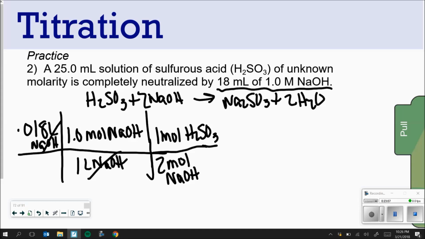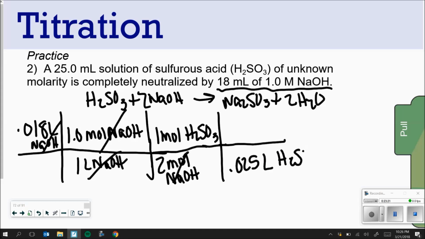Now I can divide by my liters in order to get my molarity, and that's going to be 0.025 liters of sulfurous acid. When I solve that out, I got 0.36 molar of sulfurous acid, which also works out with 2 sig figs.